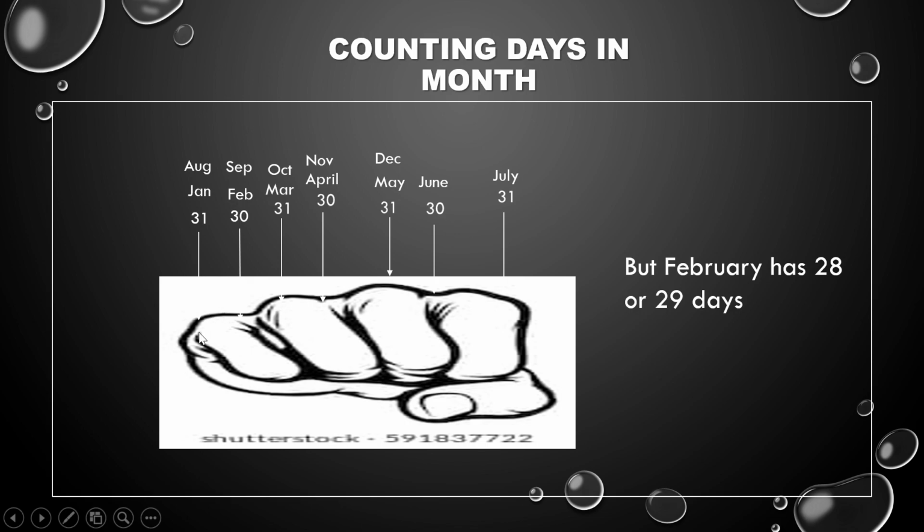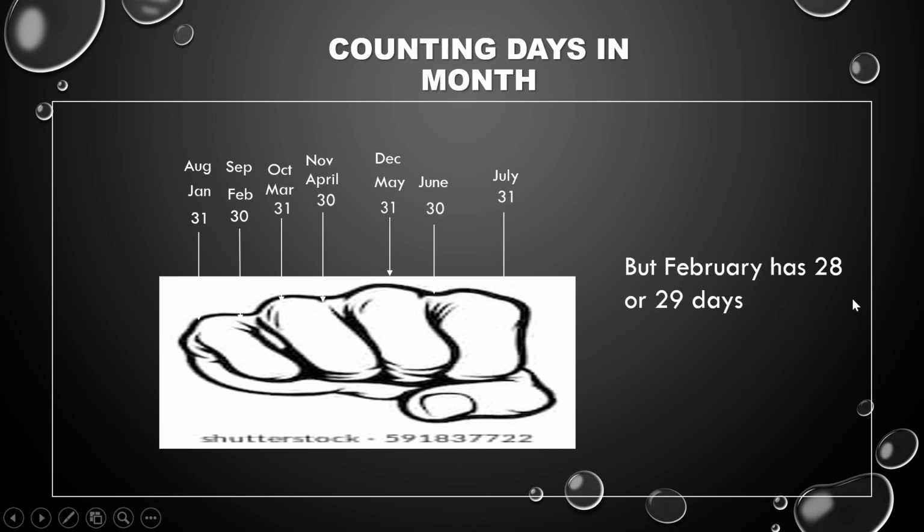If the month lands on the knuckle, it is 31 days. If it lands in the space, it is 30 days. But keep in mind that February has 28 or 29 days. So if you remember this, you'll be in good shape.